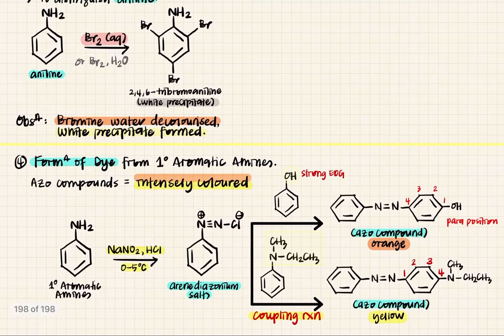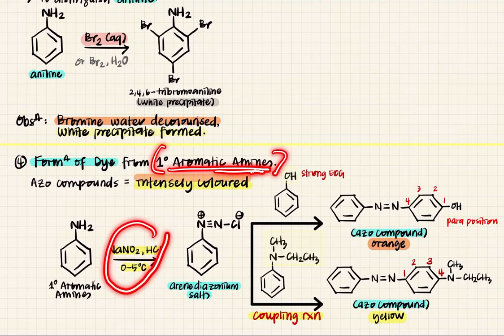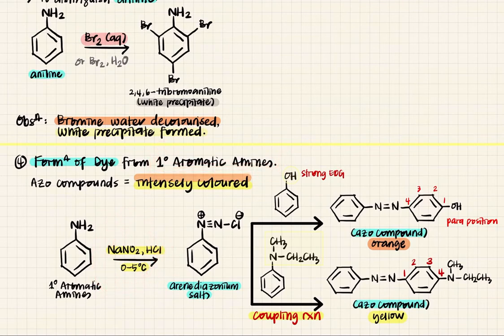Finally, last sekali, you have the reaction of primary aromatic amines only, with NaNO2 and HCl. This is actually nitrous acid lah ni. So you will form first arene diazonium salts.